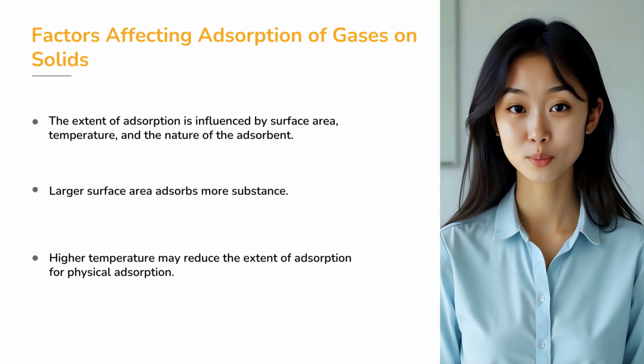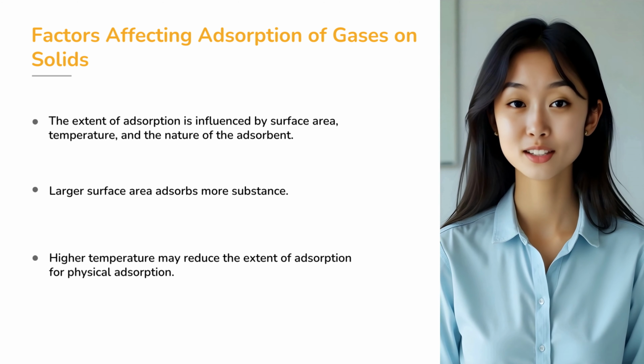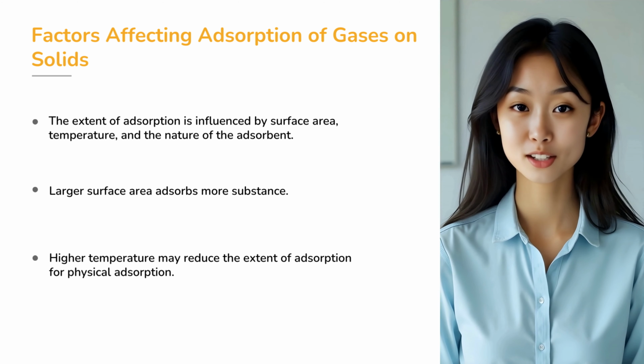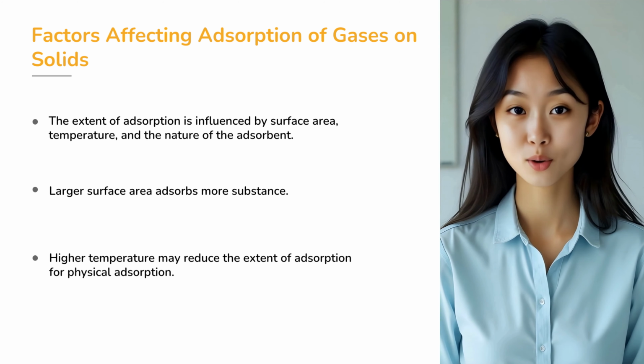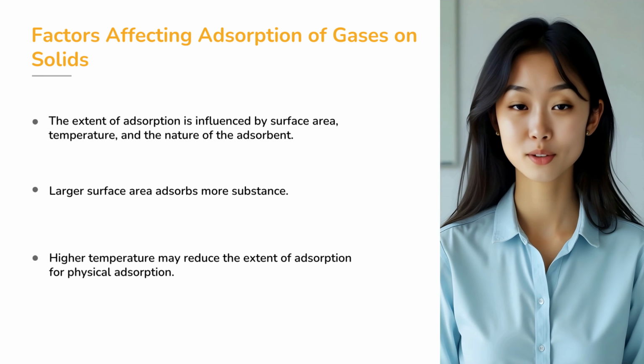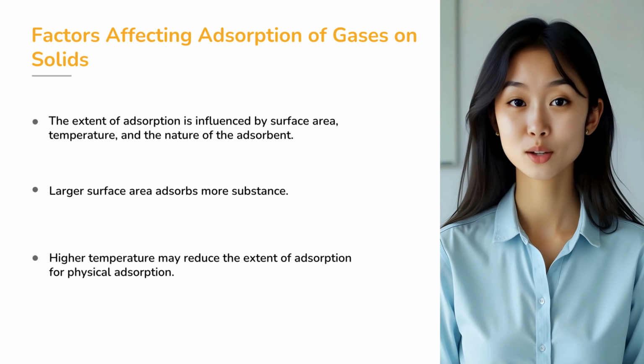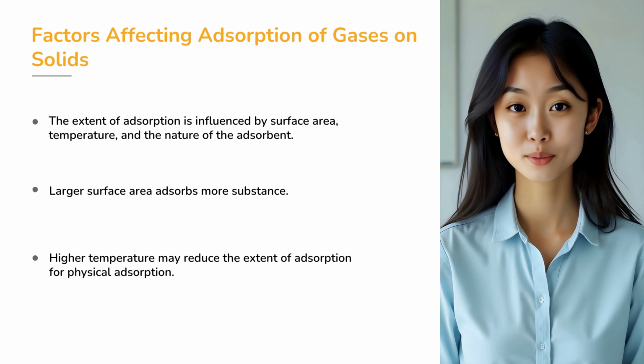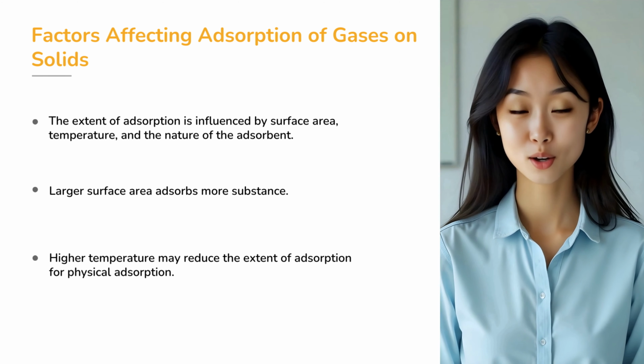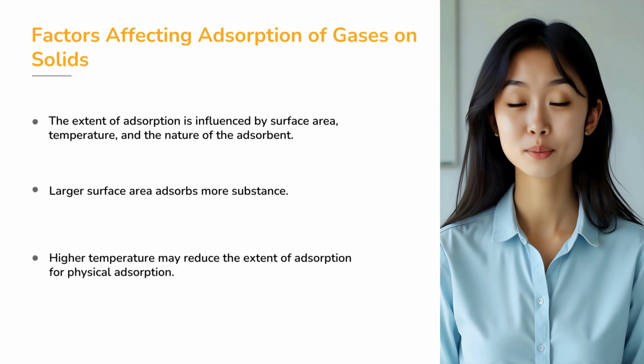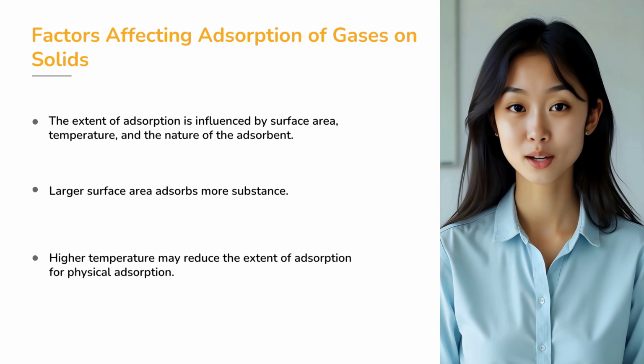For physical adsorption, when the temperature increases, the amount of adsorbate decreases. It's similar to how heat makes soap bubbles pop faster. Heat weakens the forces holding the adsorbate. And lastly, pressure. When the pressure increases, more gas gets adsorbed. It's like pressing down on a sponge to force more water inside.